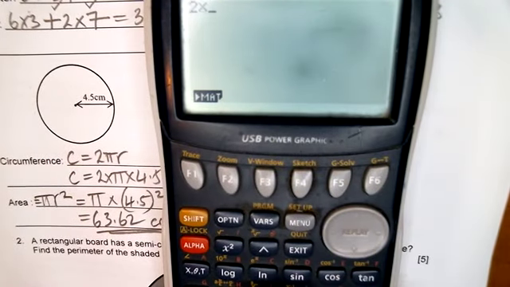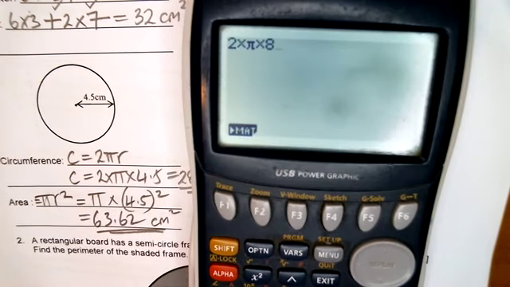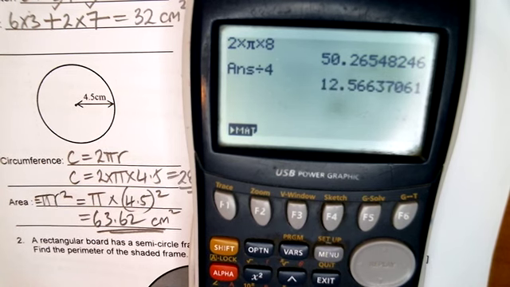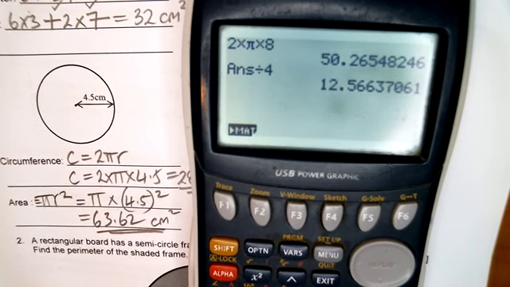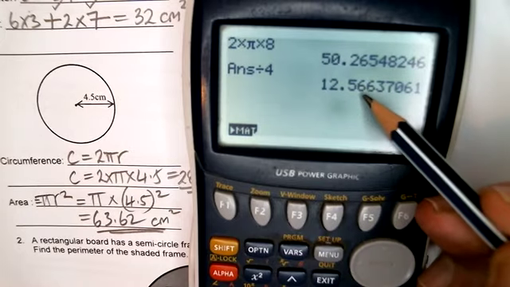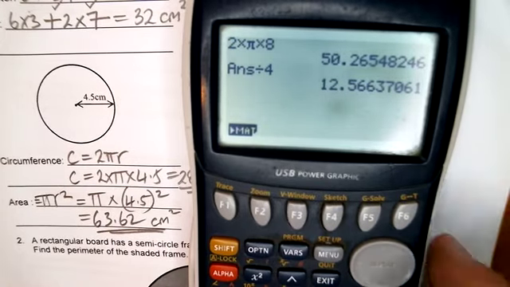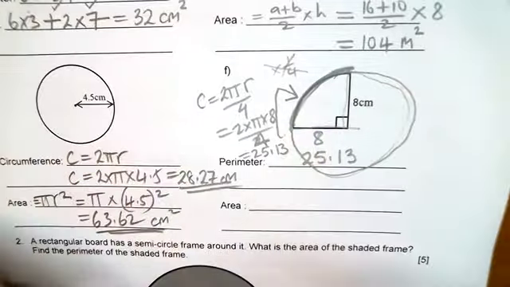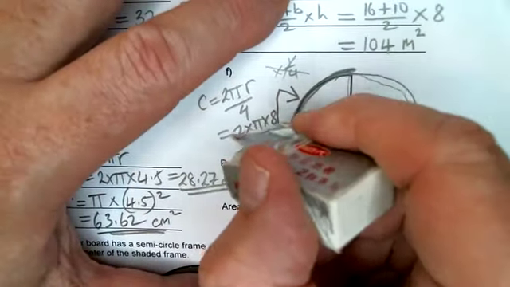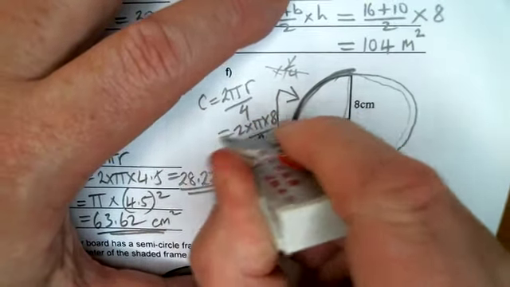So 2 times pi times 8 is 50. I'm going to divide it by 4, not by 2. Now I get 12.5. I'm going to call that 12.57. So crikey, that was silly, wasn't it? So this is divided by 4, so it's 12.57.